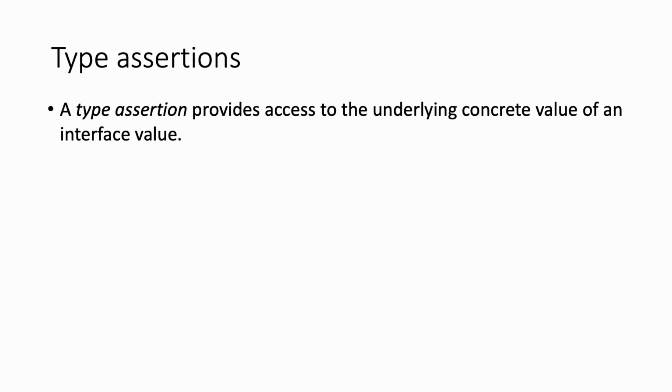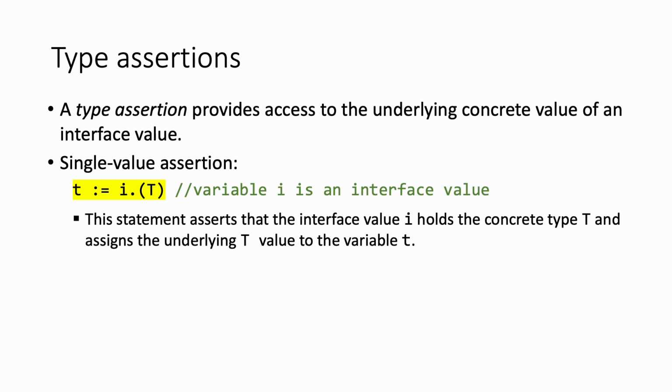This is necessary because an interface can hold values of various concrete types, and to work with the specific methods or properties of that underlying type, you need to assert its type. There are two forms of type assertions. One form is the single value assertion, which is the highlighted statement here.